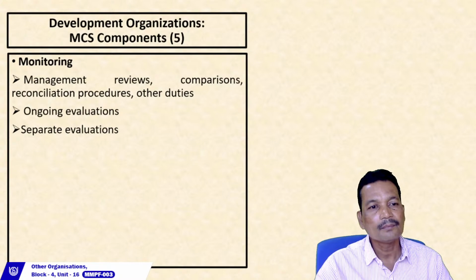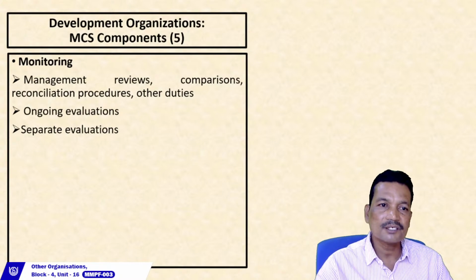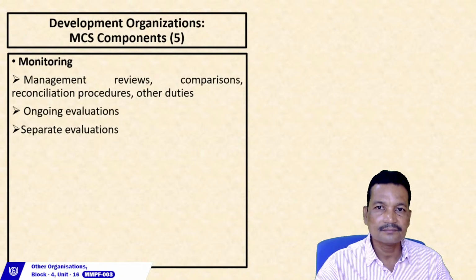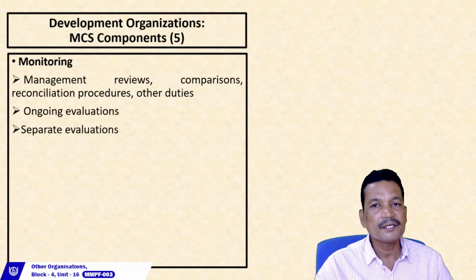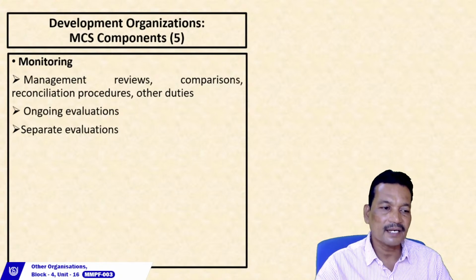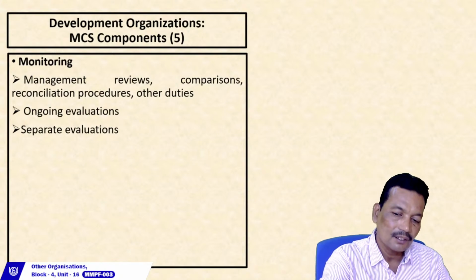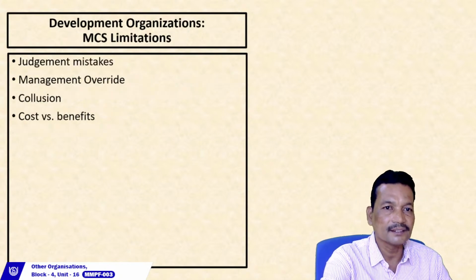So we can have an ongoing evaluation of the activities so that periodic results will be coming up. Apart from that, we can have separate evaluations as and when it is needed.